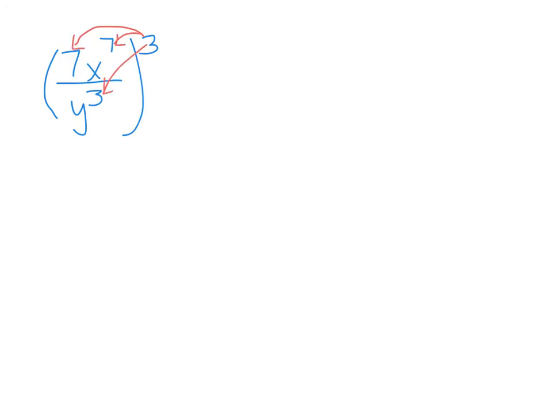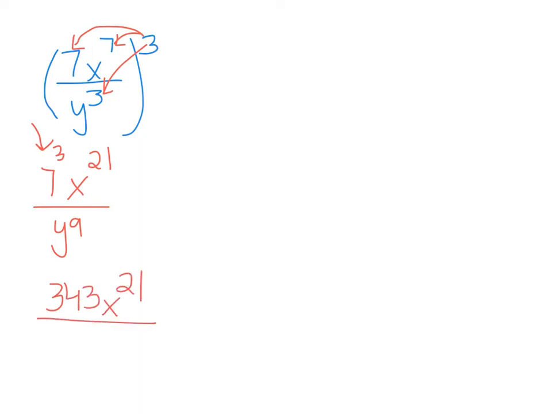Now that coefficient, so that is 7 to the 3rd power, but then those double exponents multiply, so that becomes x to the power of 21, and then y to the 3rd is y to the 9th. I always want you to evaluate your coefficient all the way, so that will be 343x to the power of 21 over y to the 9th.